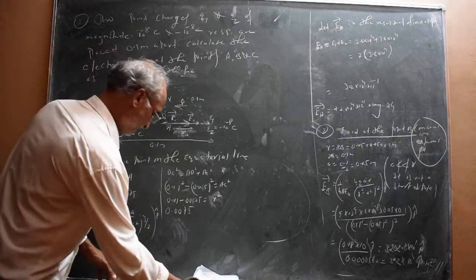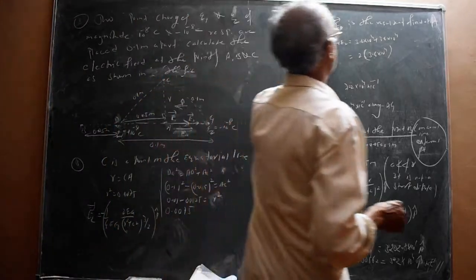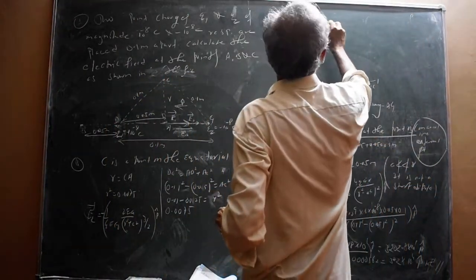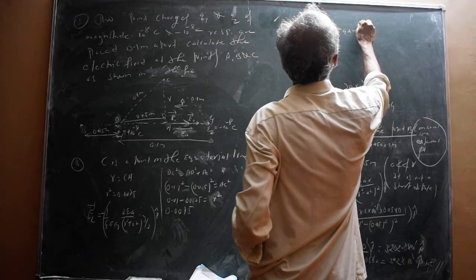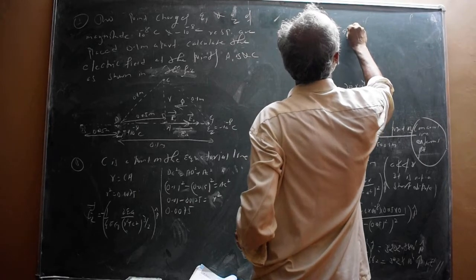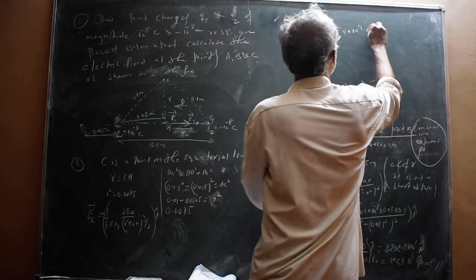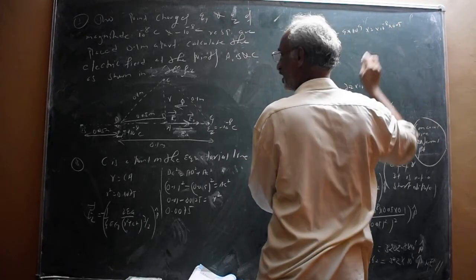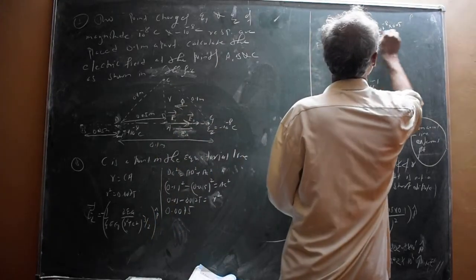Now substitute everything. It is 1 upon 4 pi epsilon, minus 9 into 10 to the power of 9, into 2 into Q, which is 10 to the power of minus 8, A is 0.05, upon R square.